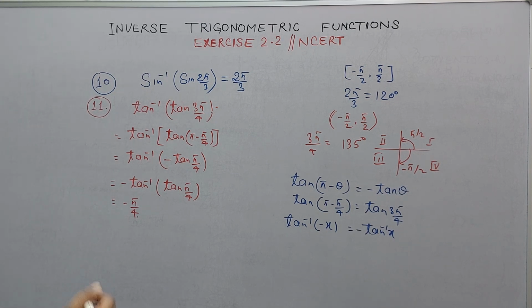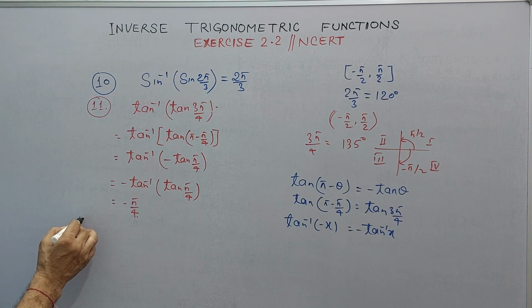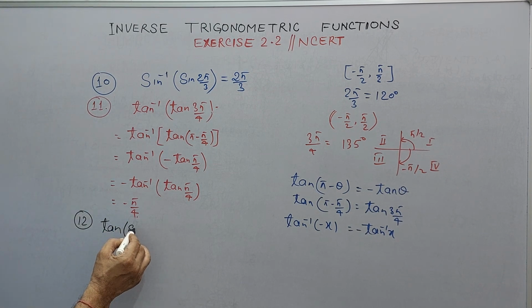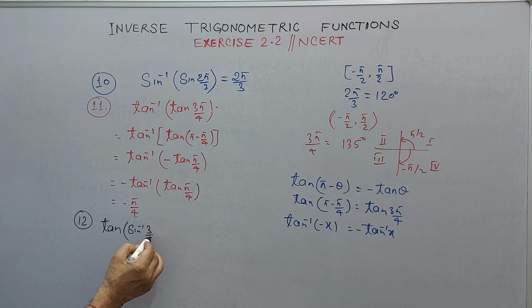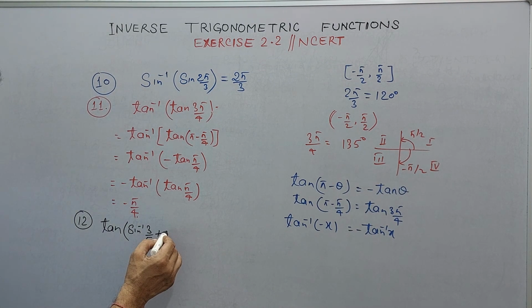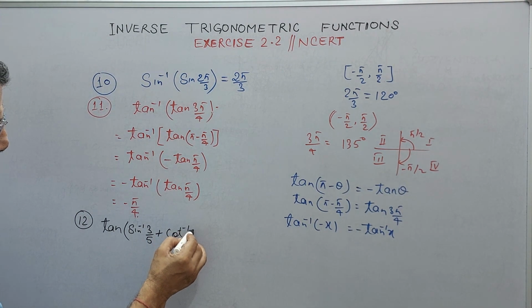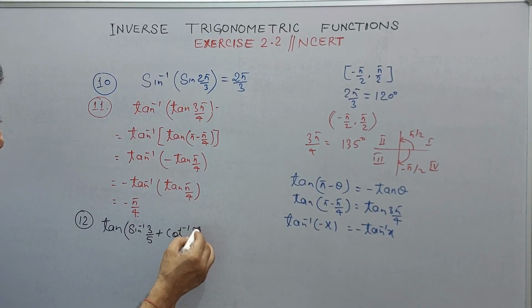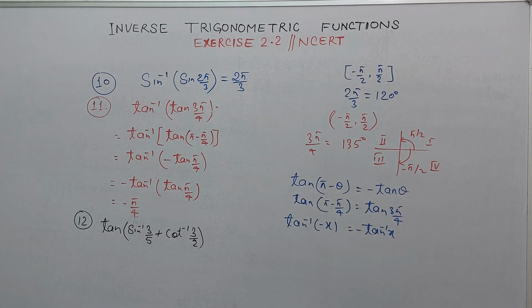In question number 12, we have to find out this value: tan of sine inverse 3 by 5 plus cot inverse 3 by 2. Yes, so these are the relations we have.